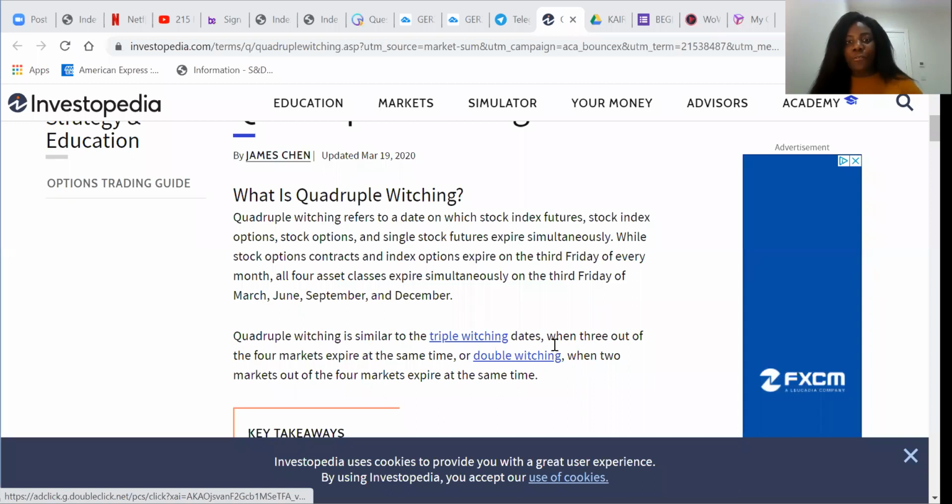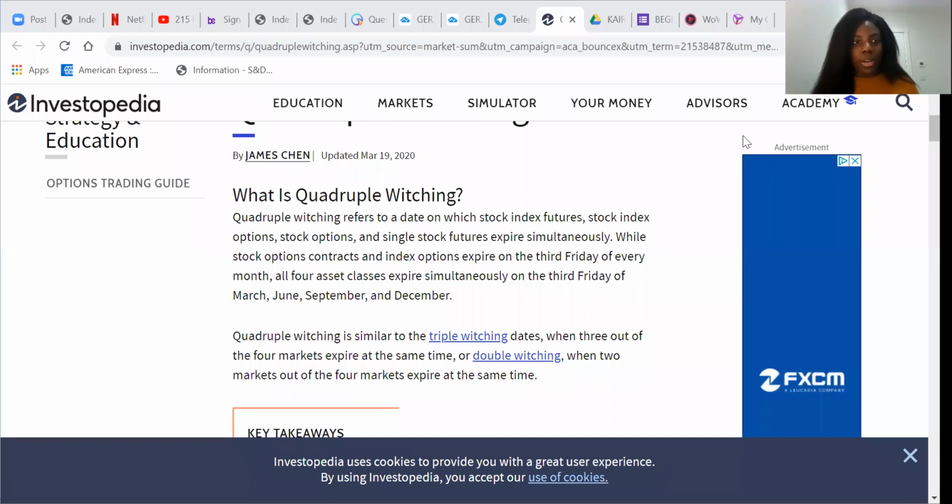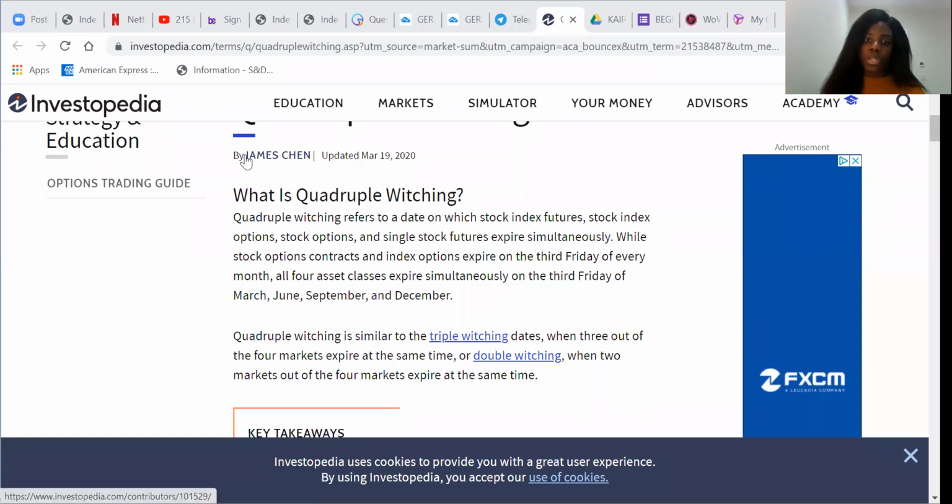It happens 4 times a year in March, June, September, and December on the 3rd Friday of the month. It can be called triple witching or quadruple witching, it's the same thing. It's a time when stock futures, indexes, options, everything expires.